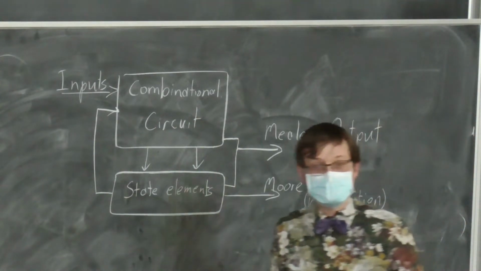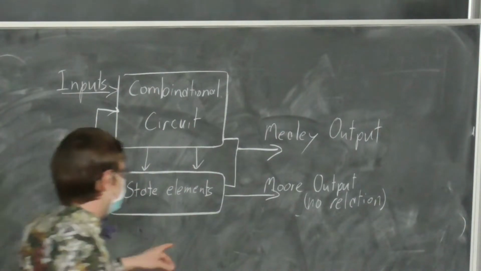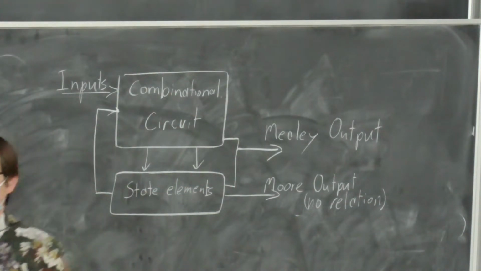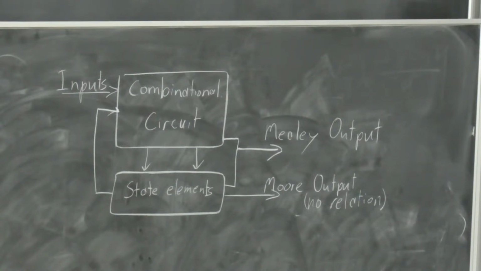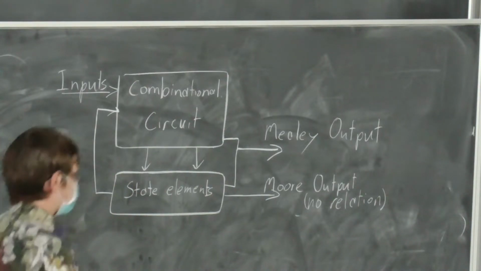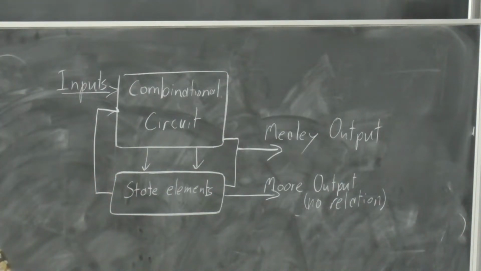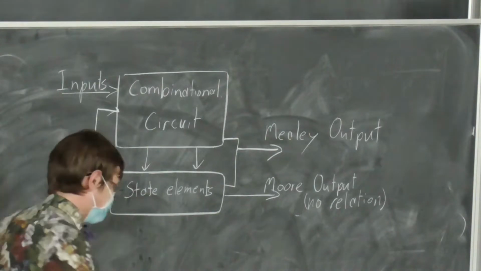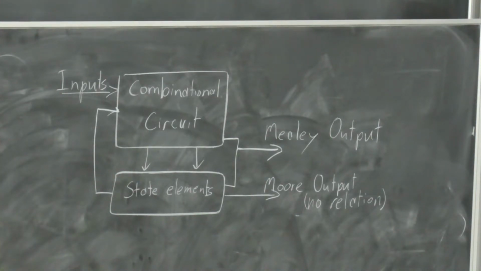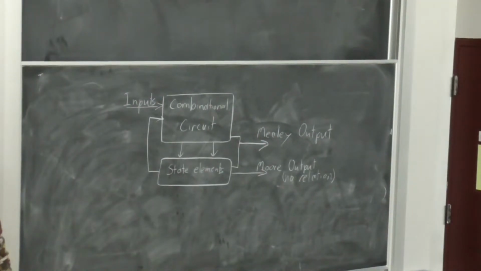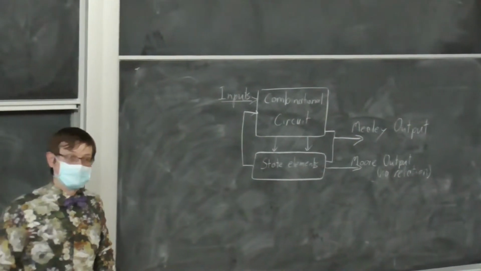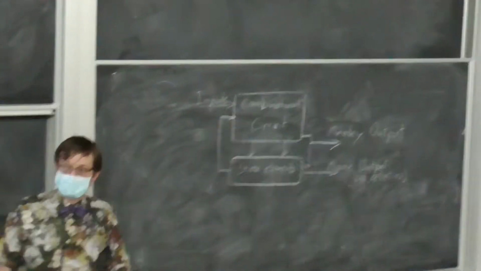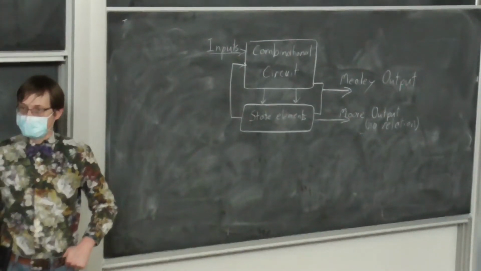So advantages, disadvantages. In the case of Moore output, this will generally have an effect of reducing the length of the critical path, right? So when we have these long series of digital circuits, these logic circuits, the speed with which that circuit can be updated with new values is limited by how long it takes the electrons to propagate through the circuit, right?